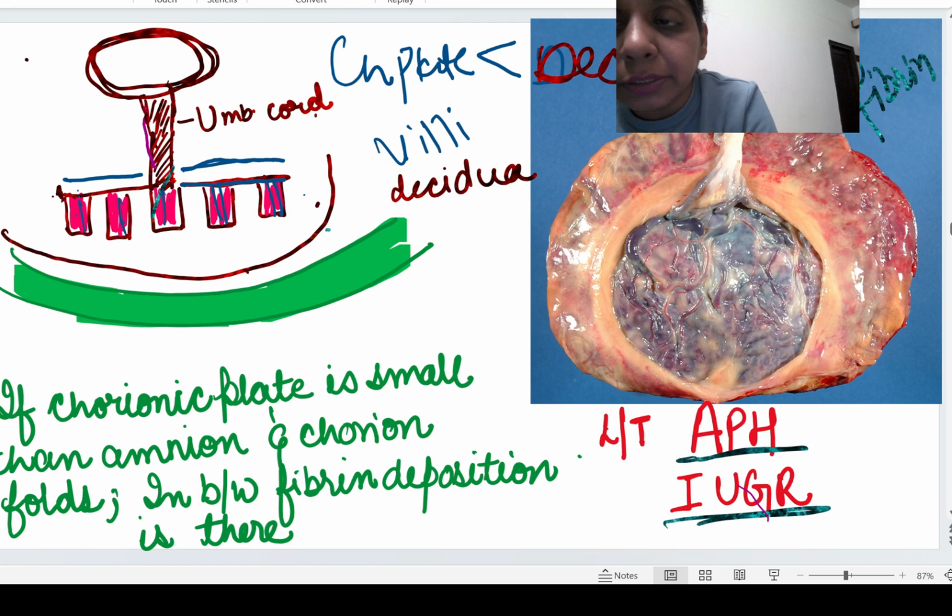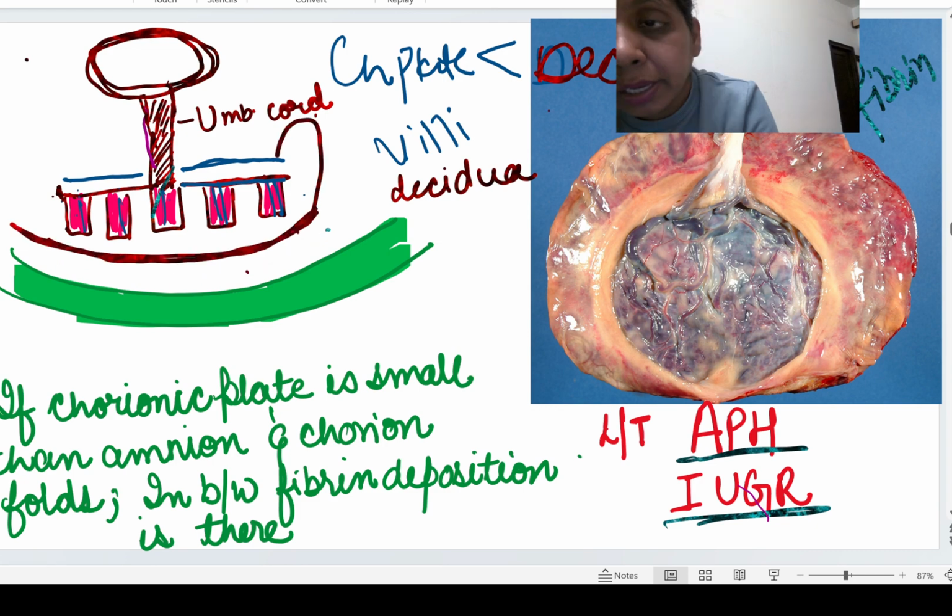The chorionic plate was smaller than the decidual plate, but what happens to this extra decidual plate is that this extra decidual plate is folded on it like this.